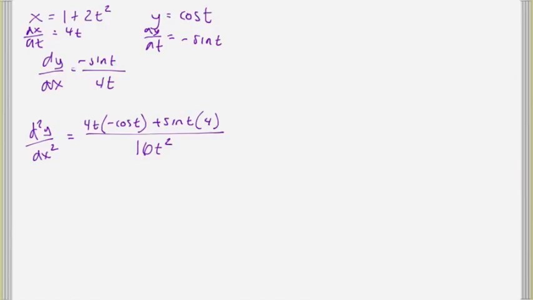And since we just took that derivative in terms of t, but really this is asking us to take a second derivative in terms of x because it's dx squared, then we need to divide this by the original x derivative. The easiest way to divide by that is to multiply by the reciprocal of it.